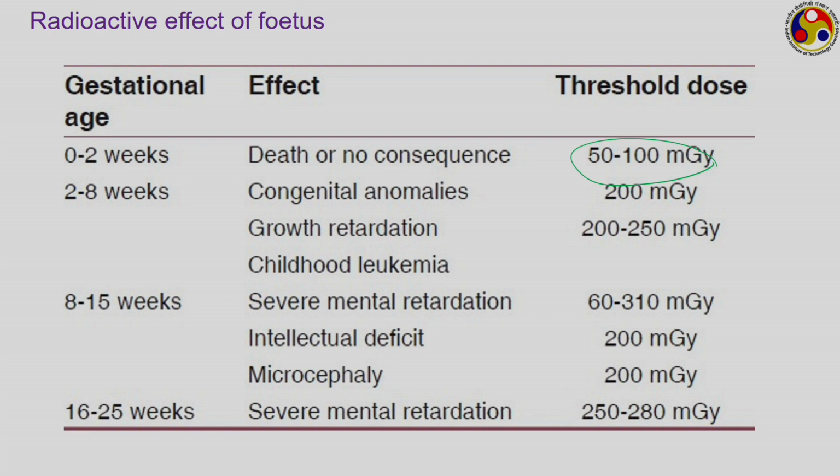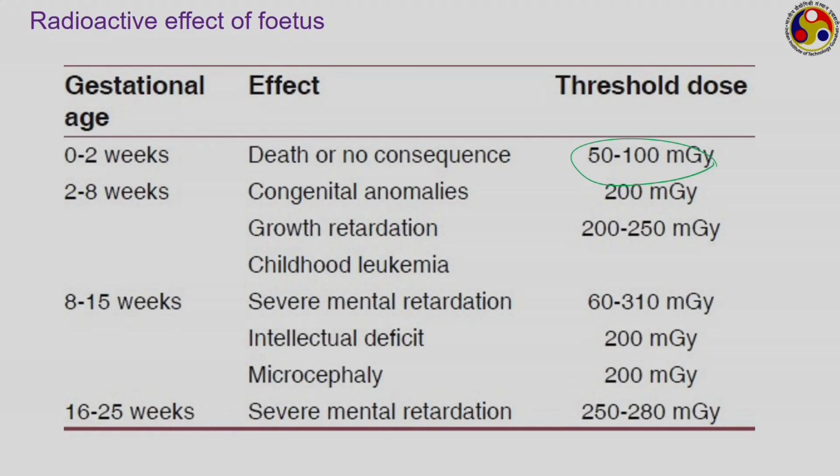For 8 to 15 weeks, severe mental retardation, intellectual deficit and microcephaly may appear. Finally, between 16 to 25 weeks, severe mental retardation may occur when exposed to radiation greater than 250 to 280 milligray. So, that takes us towards the end of this particular module.